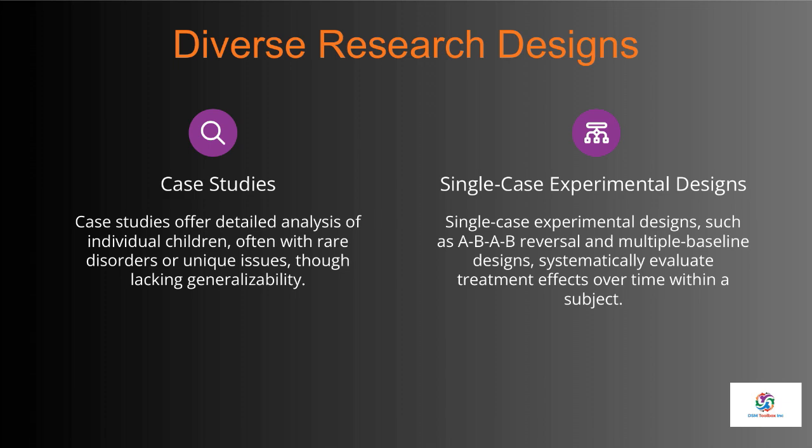The second approach is single-case experimental designs. These include methods like the ABAB reversal design and multiple baseline designs. They allow us to carefully observe and measure how a treatment affects a child over time, all within the same individual. This kind of design is powerful because it helps demonstrate whether changes are really due to the treatment itself, giving us a clearer picture of its effectiveness.